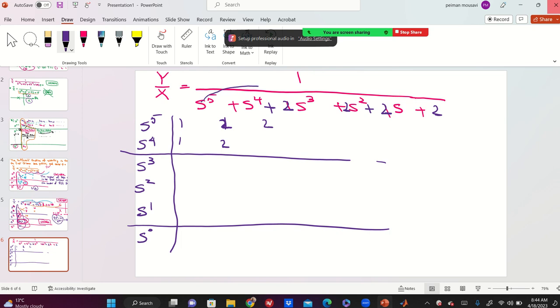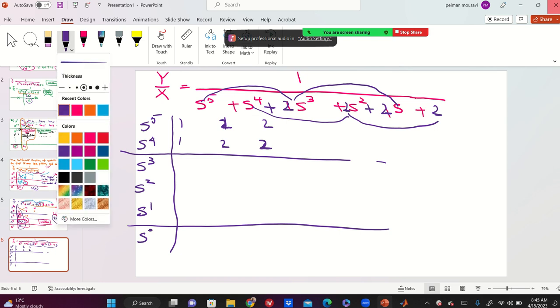So you got here 1, 2, 2, 1, 2, and 2. Here we go. So this is fifth order system. So now let's go to the operation.